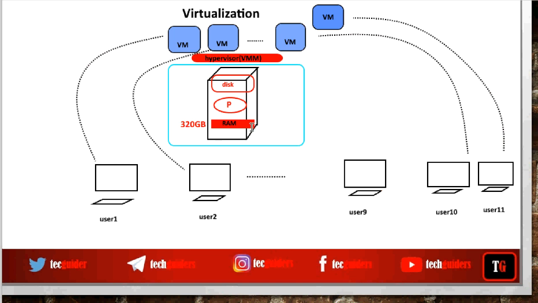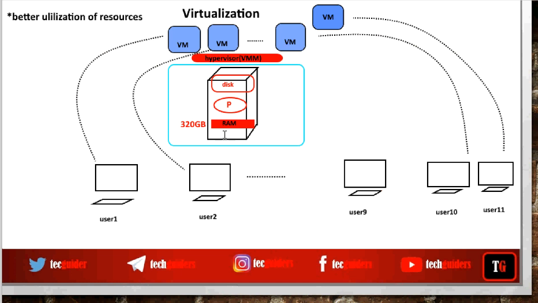The 320 GB RAM will be shared among these 11 virtual machines. Since none of the VMs is completely utilizing the 32 GB RAM allocated to them, this sharing will never create any issues. So each user will feel as if he owns 32 GB RAM, but actually the 320 GB RAM is shared among the 11 virtual machines.